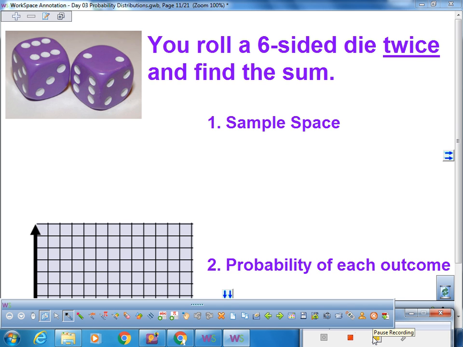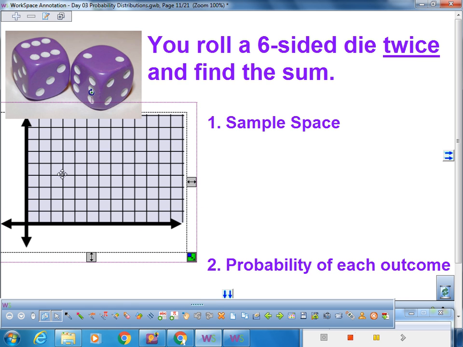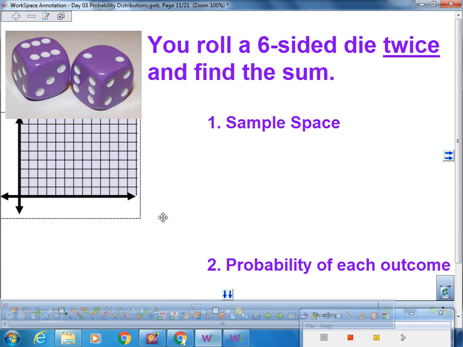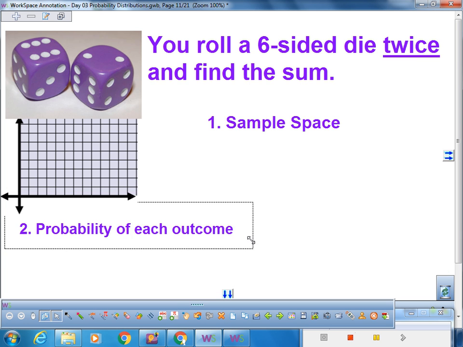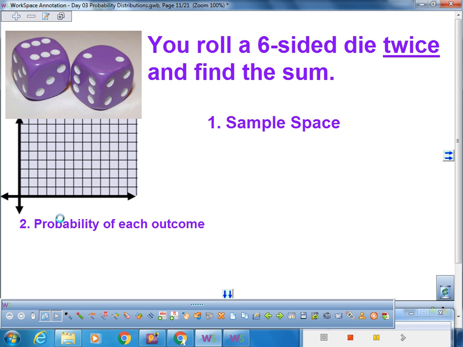Alright, so number 3 in your homework is you roll a 6-sided die twice and find the sum. So I'm going to find the sum of something. First thing we're looking at is the relative frequency table, right? When I look at the relative frequency table, I'm looking at outcomes and what else?